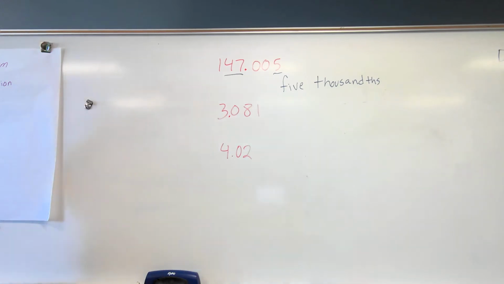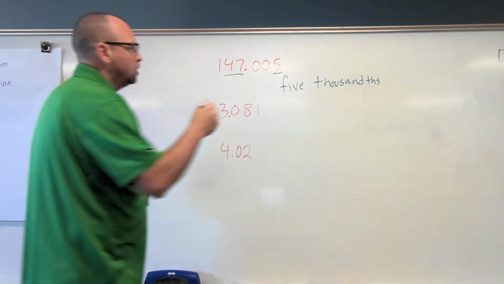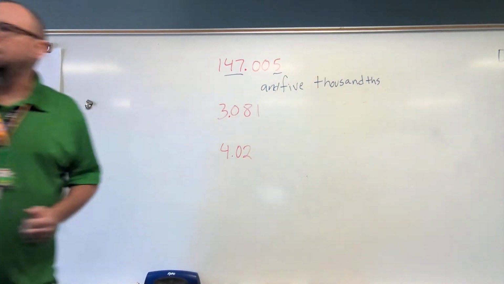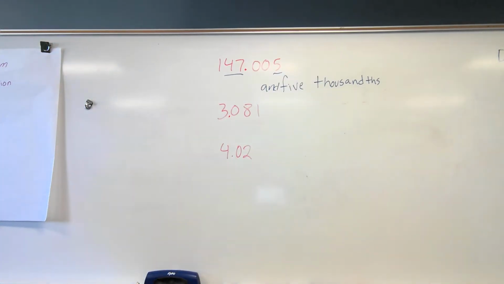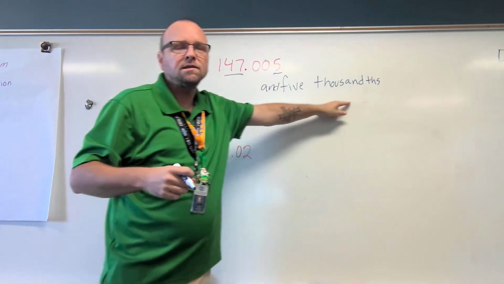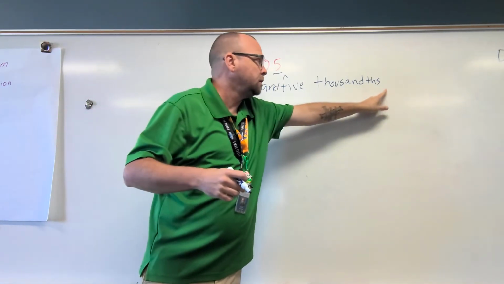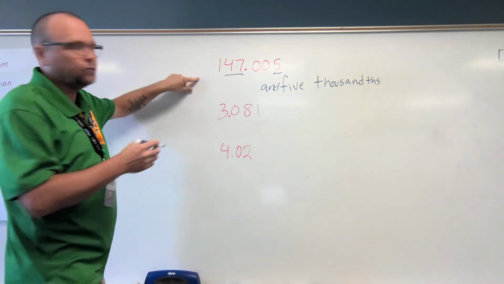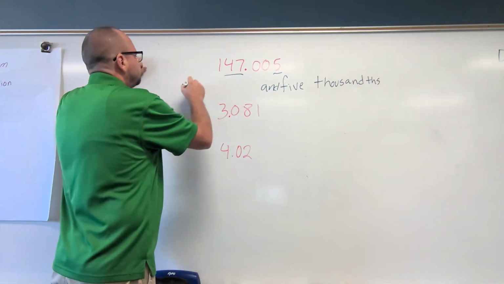There is only one "and" in this word, and it is before all the parts. It's before the parts. It's where the decimal point goes. 5 thousandths is not a whole number. It is less than 1. In fact, it is way less than 1. Now, Reed said we have 147.